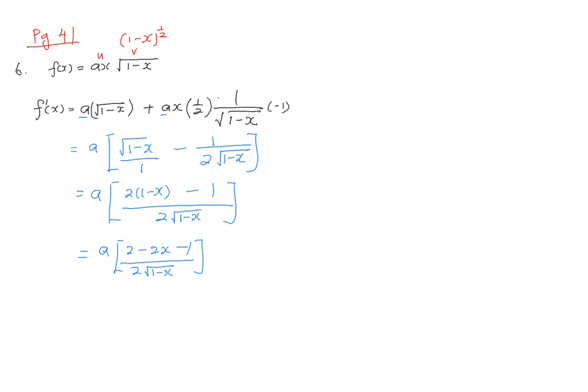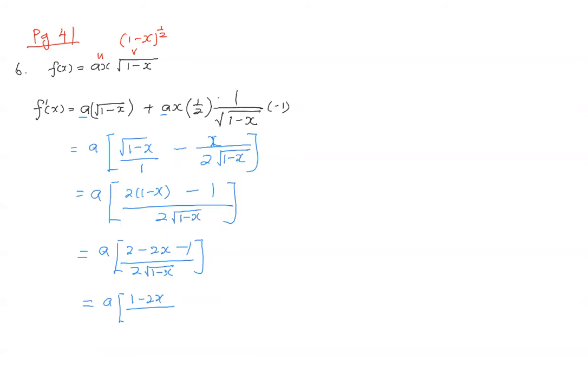So I get a times 1 minus 2x. Is there anything wrong with my calculation? Where is your x? The x beside the e. Oh, here is the x.